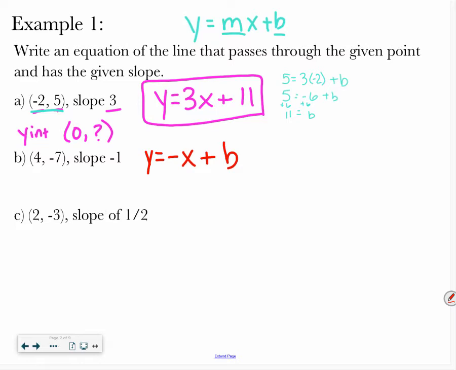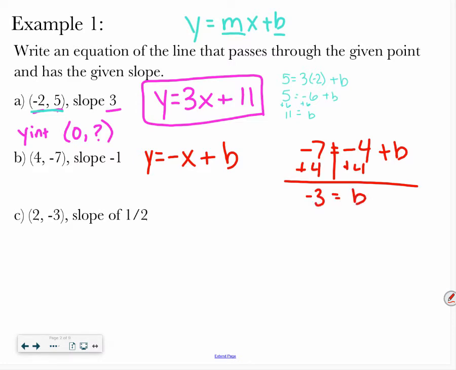We have negative 7 equals negative, and then x is 4, plus b. If we add 4 to both sides, we have negative 3 equals b. So I can replace this plus b with minus 3, because plus a negative 3 is the same as minus 3. So there's my equation for part B.